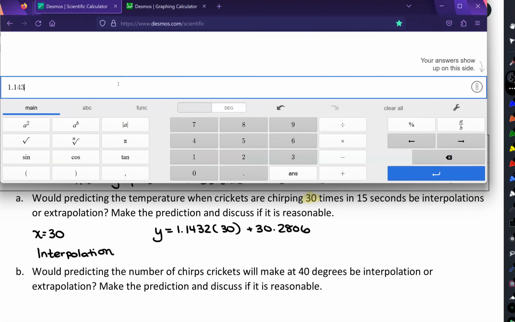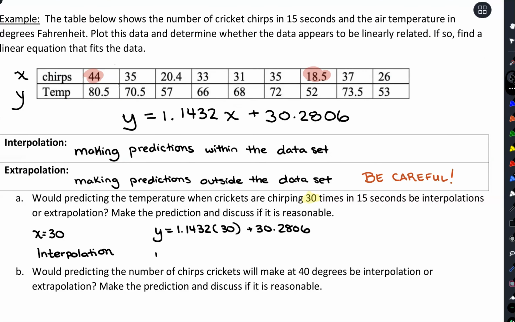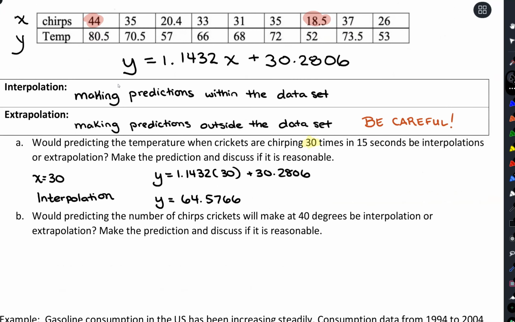So 1.1432 times 30 plus 30.2806 is 64.5766. It looks like they're rounding to one decimal place up above, so let's do the same thing.